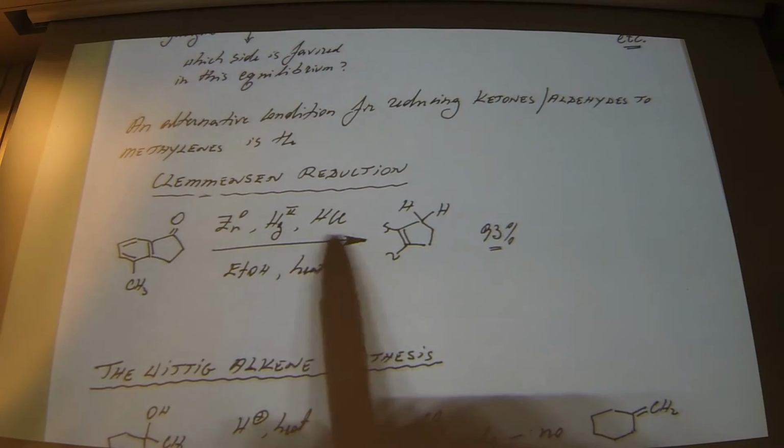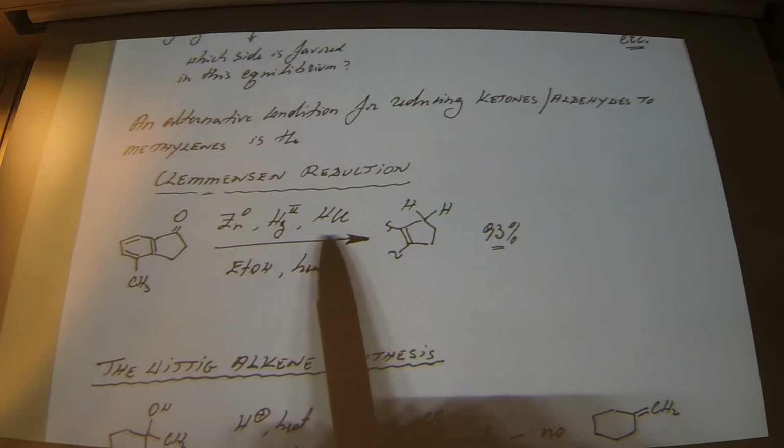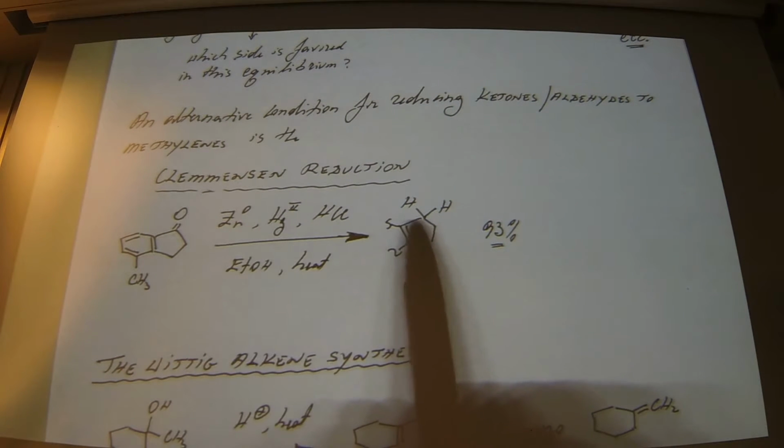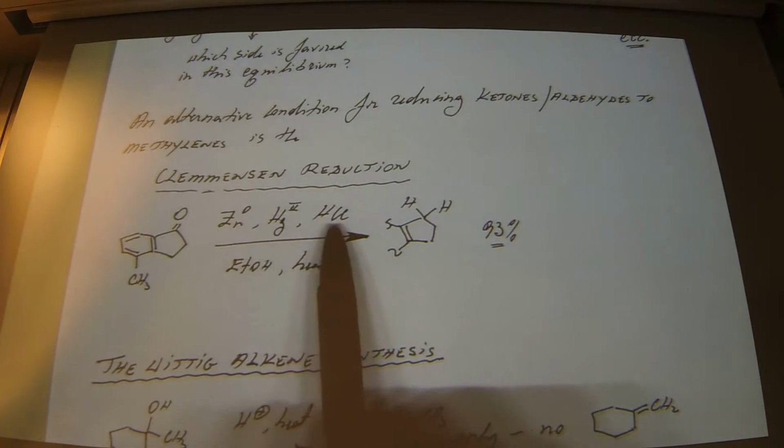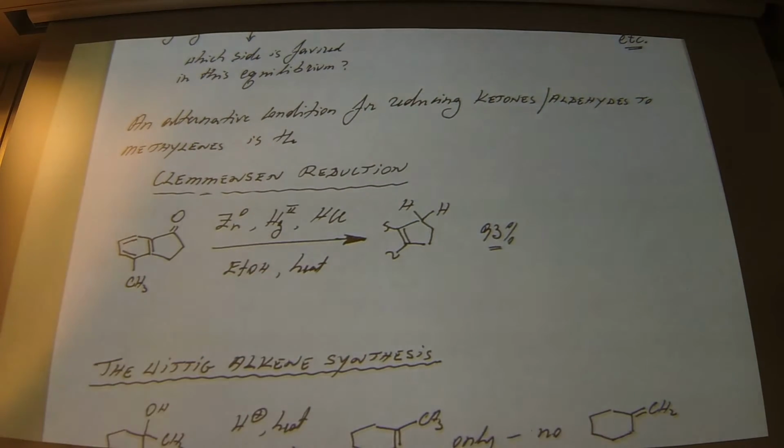And so there's an acid mediated reduction of ketones, again, all the way down to the methylene, using acid and zinc, usually with a catalytic amount of mercury 2. Now, the mercury 2 does the same thing here that I said that it can do for a Grignard reaction.